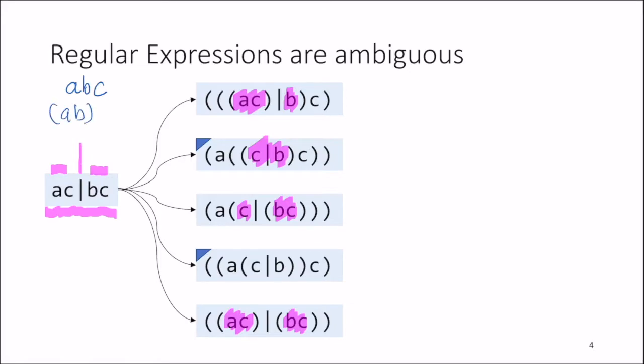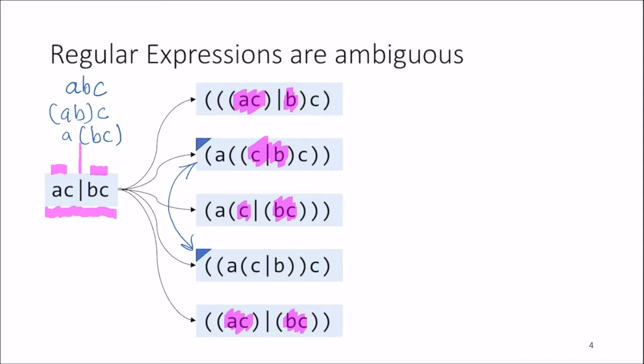I can do AB first and then concatenate with C, or I could concatenate BC first. And these are equivalent because concatenation is associative, which means that the order of grouping doesn't matter, right? And that's exactly what's happening in these two. If you compare these two regular expressions over here, you can see that it's almost the same. The only difference is that the order of operations is different.